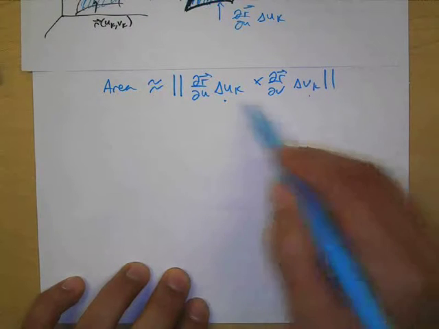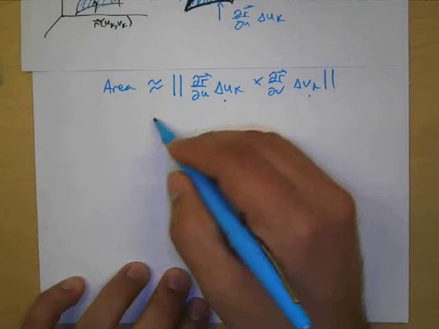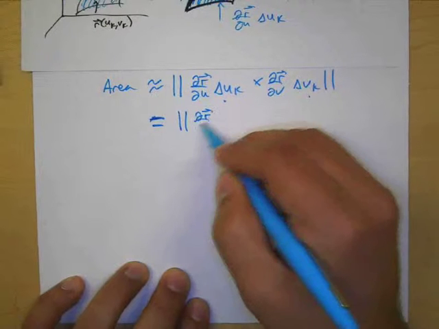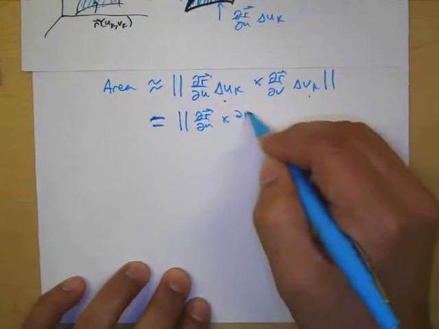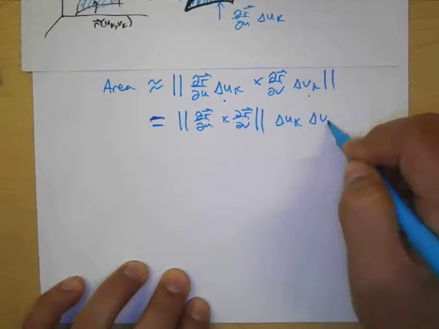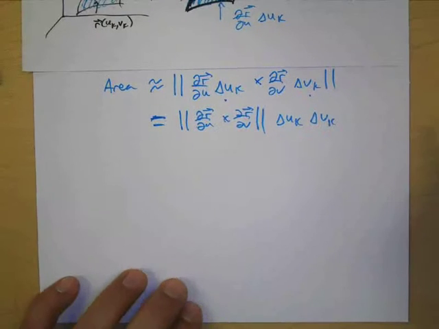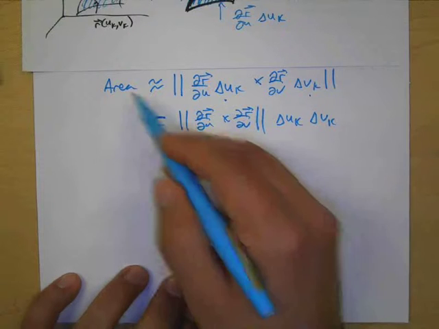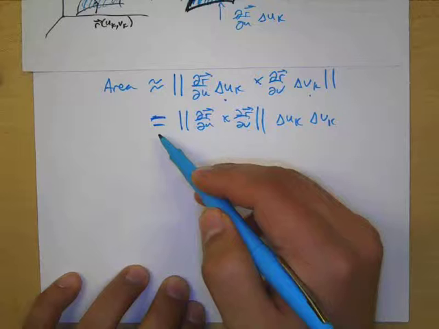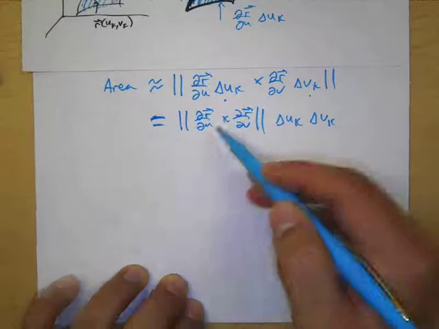Now, since these are just constants, we're going to do some grouping here. Keep this as partial r partial u cross partial r partial v, and pull out delta u sub k delta v sub k. The area is approximately this, which is equal to that. So it's not like this is approximately this, it's the same, right?